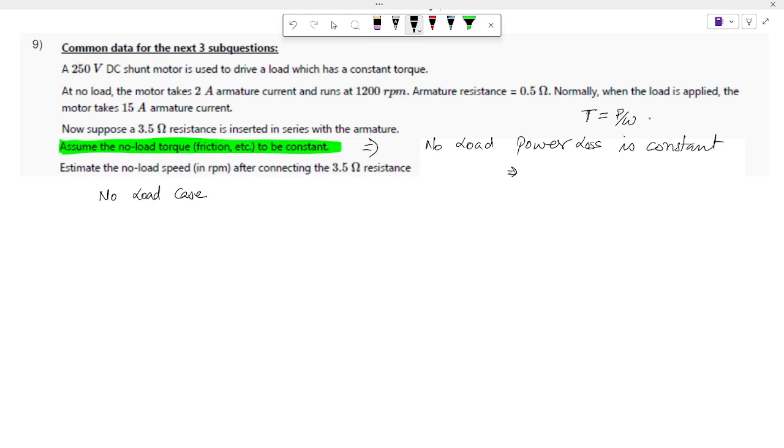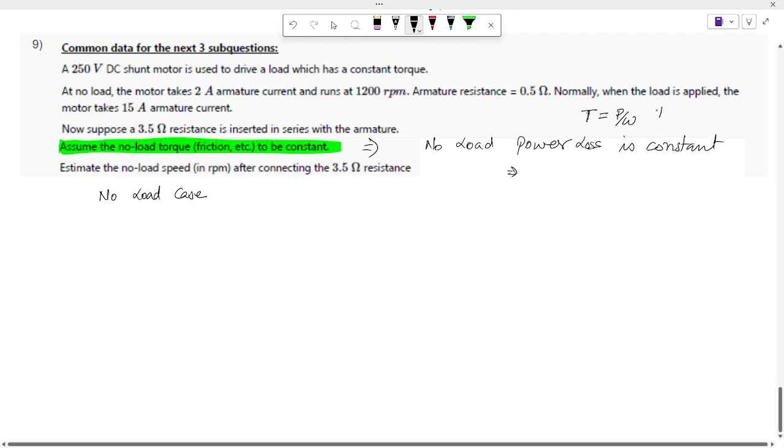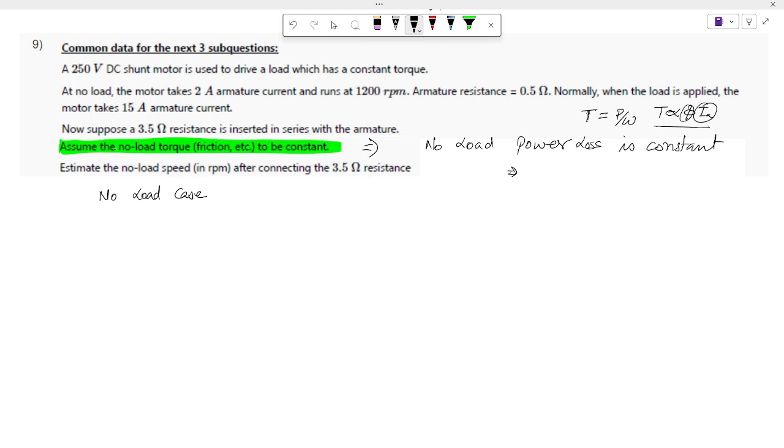Actually, armature torque is proportional to phi into Ia, and phi is constant, so Ia will also be constant in this case. Yes or no? Yes, sir.